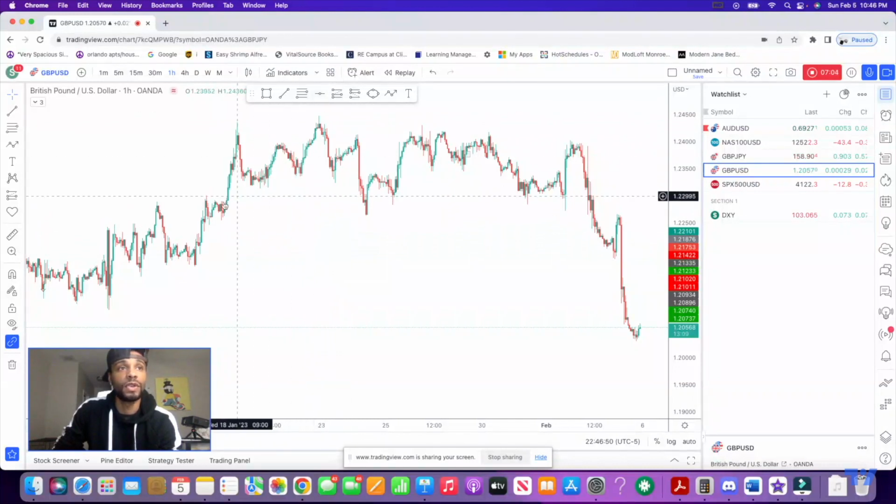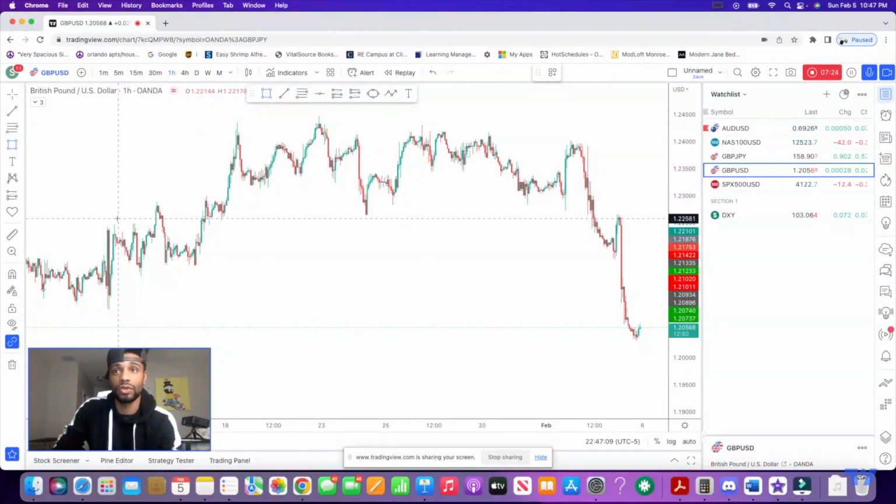The way I tend to do it, I usually go by the wick or the body. That's how I look for support and resistance. This would be a good zone to look at.